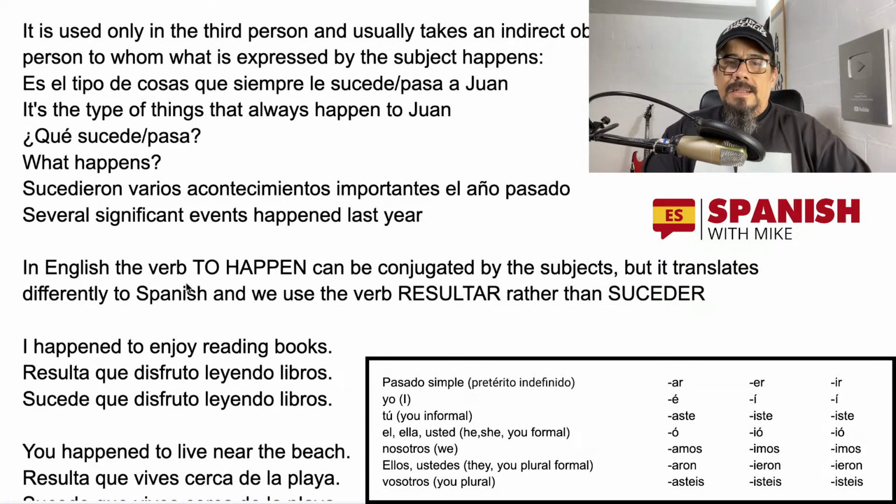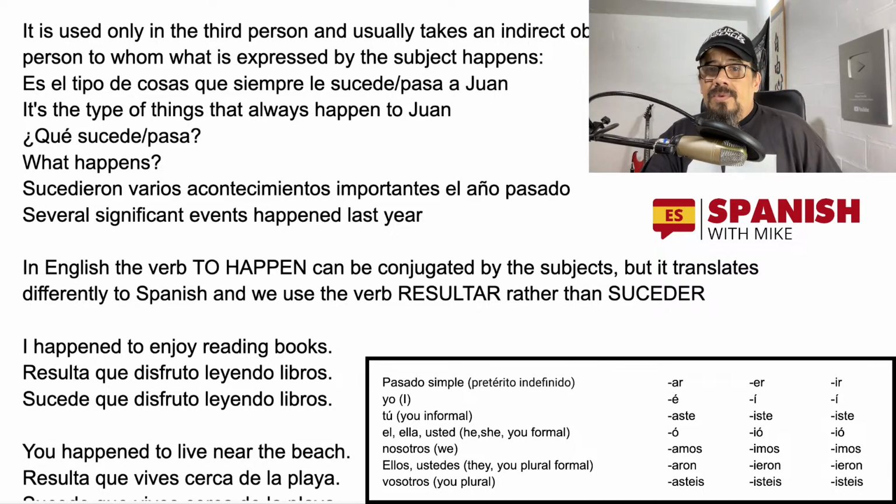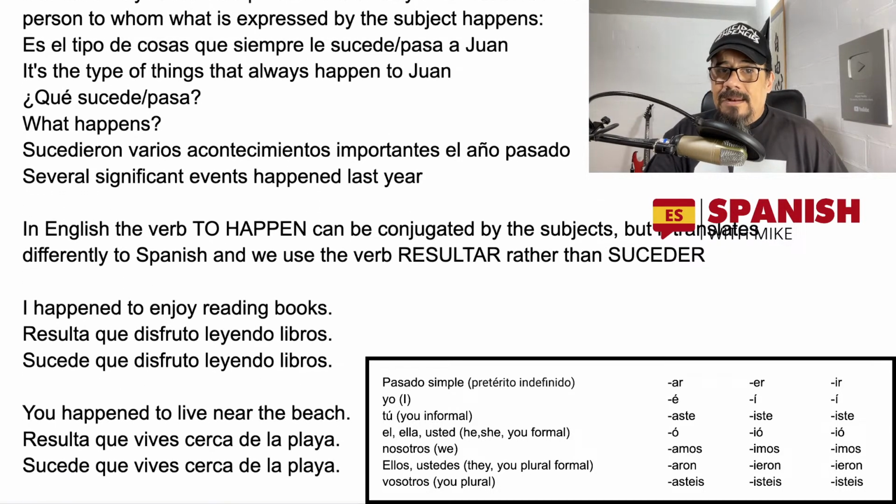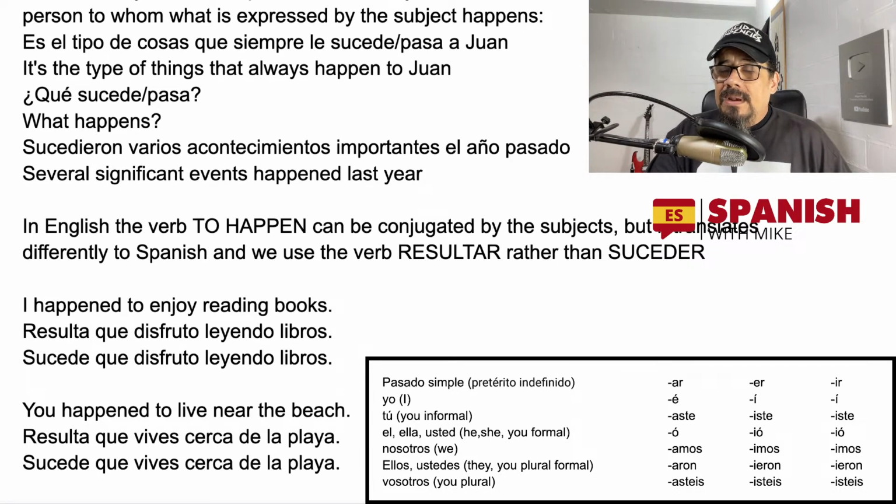Welcome, nonetheless. And in English, we can conjugate the verb to happen with subjects, and in Spanish, the translation would be something like resultar. I happen to enjoy reading books. Resulta que disfruto leyendo libros.